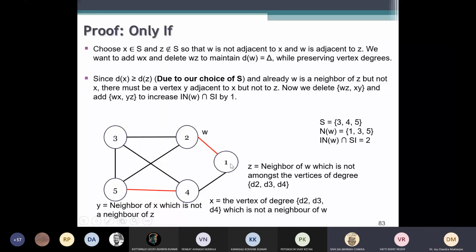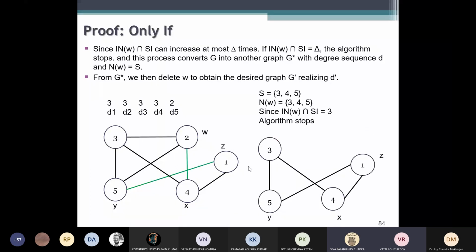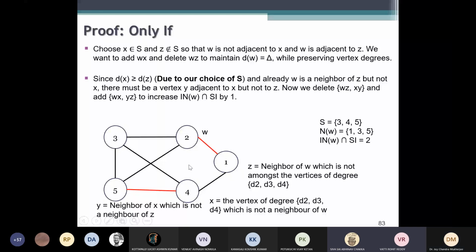So what we do for this graph, basically choose x which belongs to S. So this is my x which belongs to S and which is not a neighbor of W. Also we have to choose a Z which is a neighbor of W, but this Z is not a part of S. Okay.